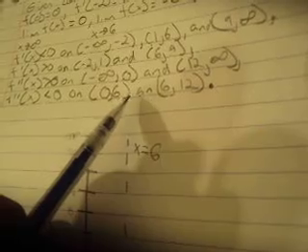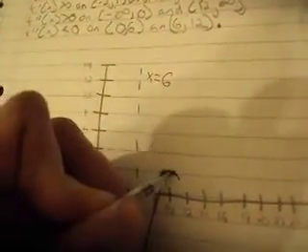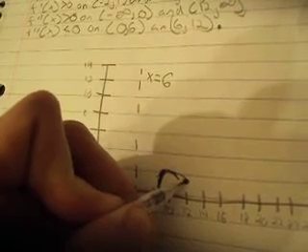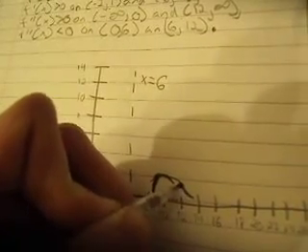So we know that when f double prime changes from negative to positive, it is going to change concavity. So right here, going to 12, we're concave down. So we know at 12, it's a point of inflection, and it's going to change from concave down to concave up.